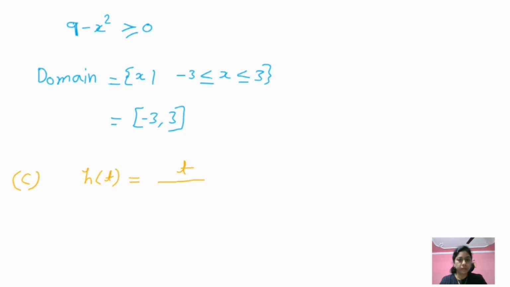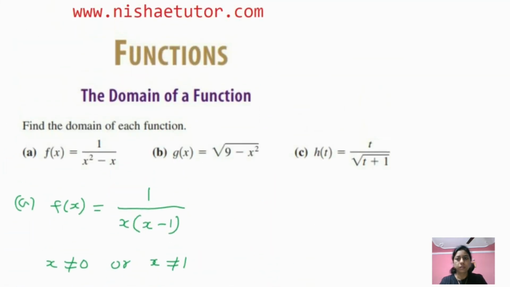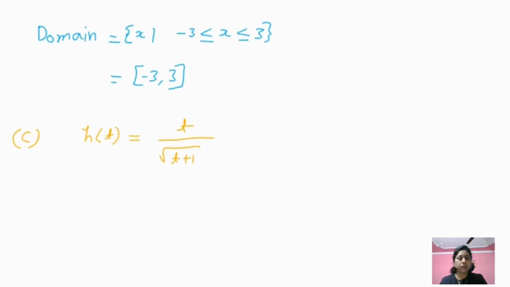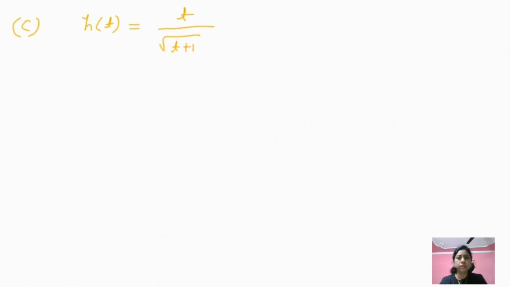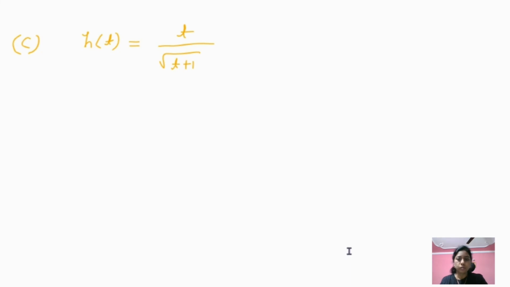h(t) equals t upon square root of t plus 1. So here this is in rational form, and here we can't take the square root of a negative and we can't divide by 0.